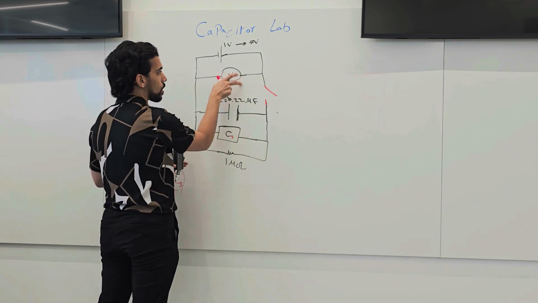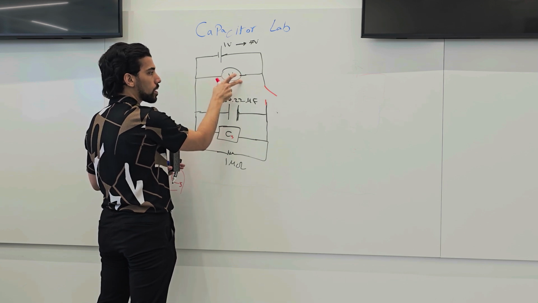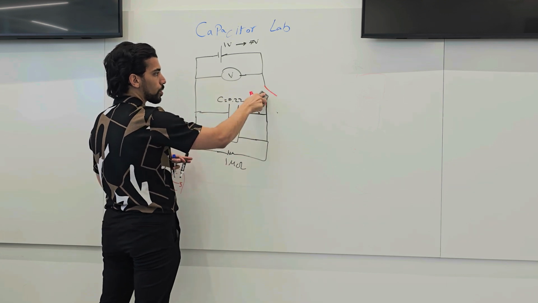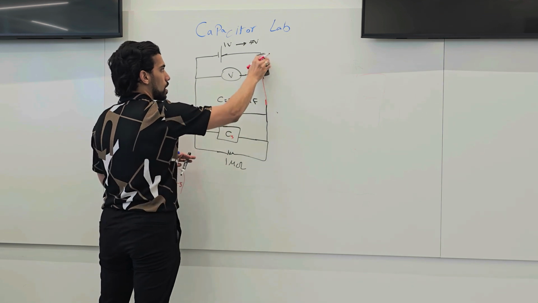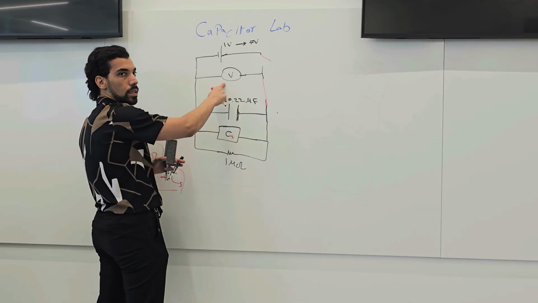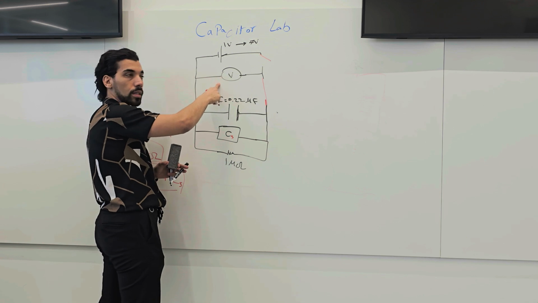Remember not to connect the voltmeter to the circuit while it's charging. For example, if instead of putting the switch here you add the switch here, this has an internal resistance. It's going to spoil the whole circuit, and you don't know how much it is.